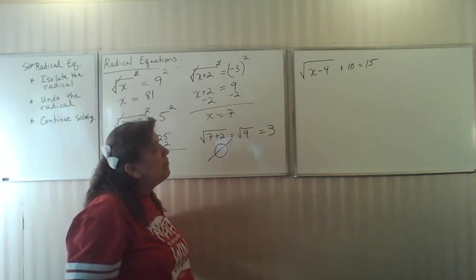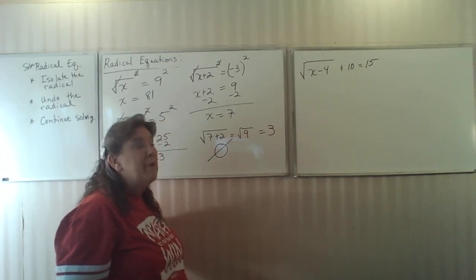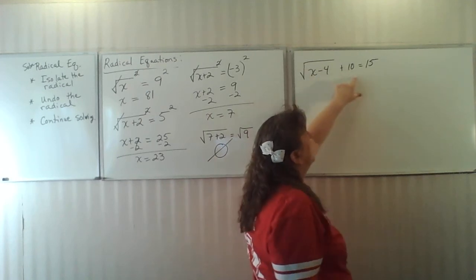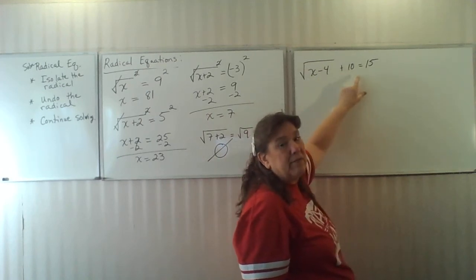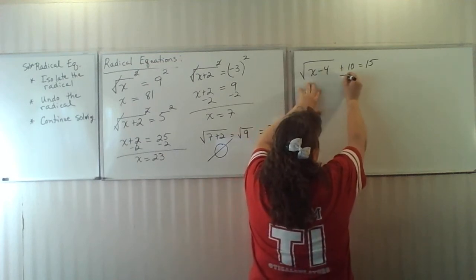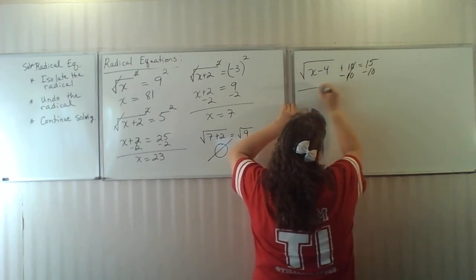So therefore, before I can deal with my square root, it must be isolated. Because if I try to square this whole thing, then I'm getting into something that you haven't even learned yet. So we're going to have to first of all isolate it by subtracting 10 from both sides.